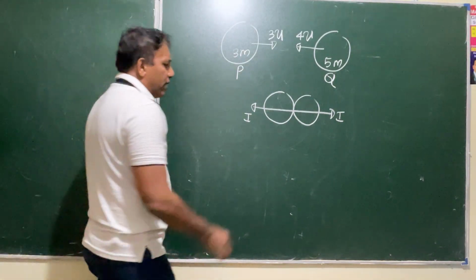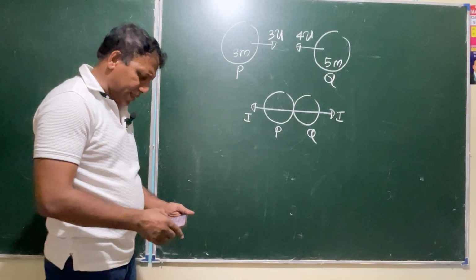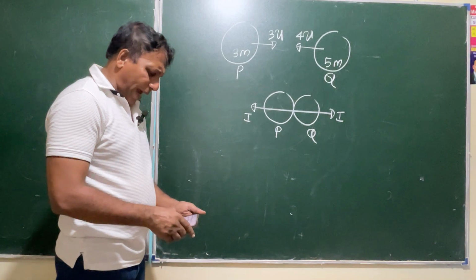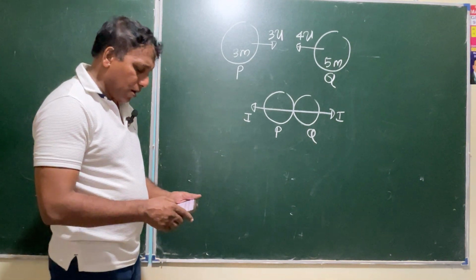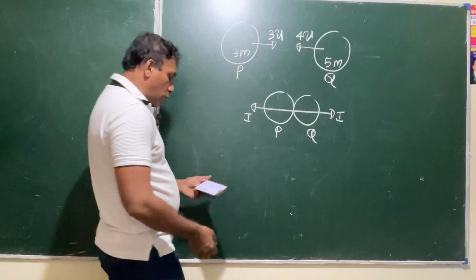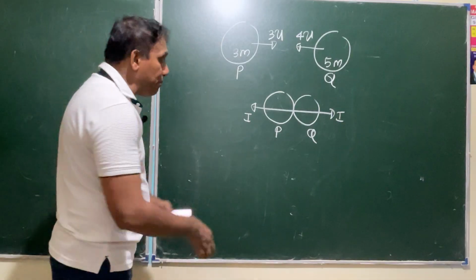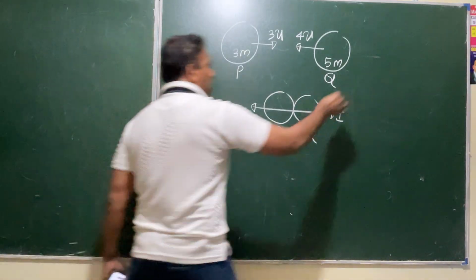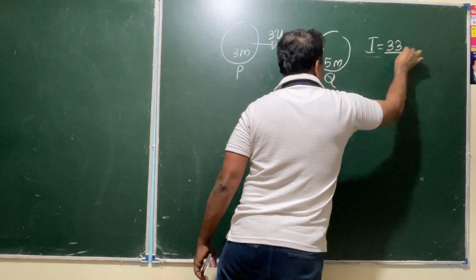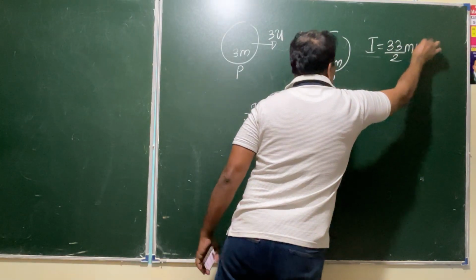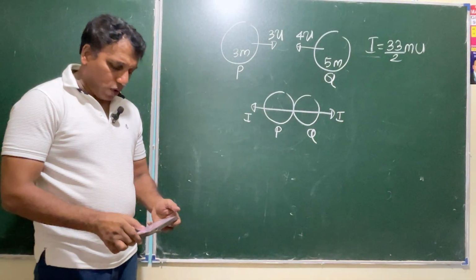This is P, here Q. The question says the magnitude of the impulse exerted on P by Q is 33mu over 2. So I equals 33mu over 2. Impulse is mass into velocity.